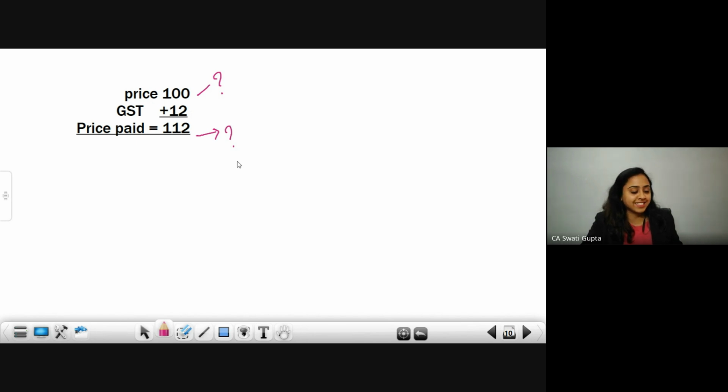Mehak, any guesses? Good. Harishankar says 100 as cost and input GST of 12. Okay. What else?